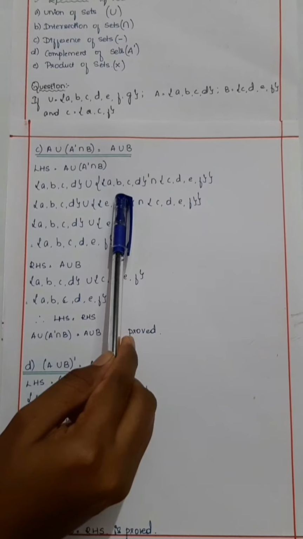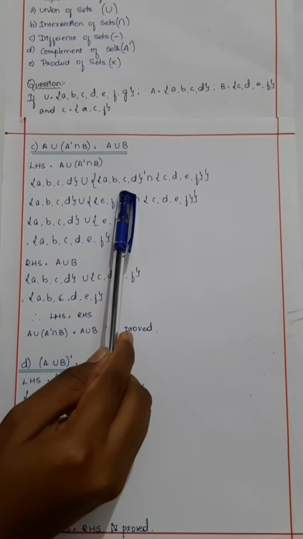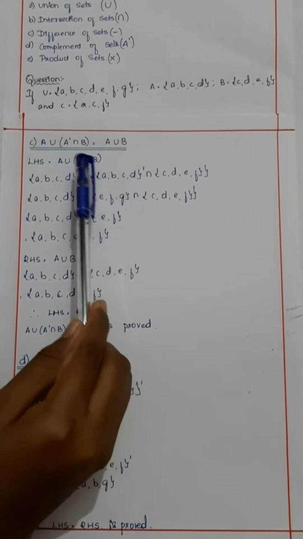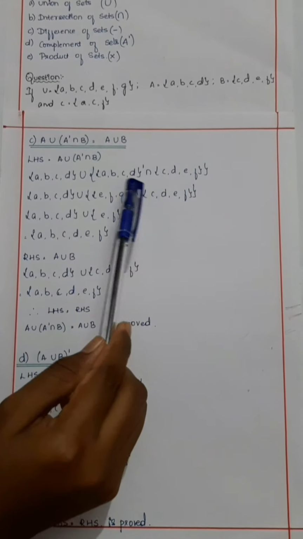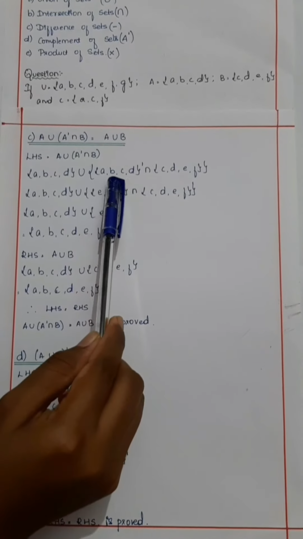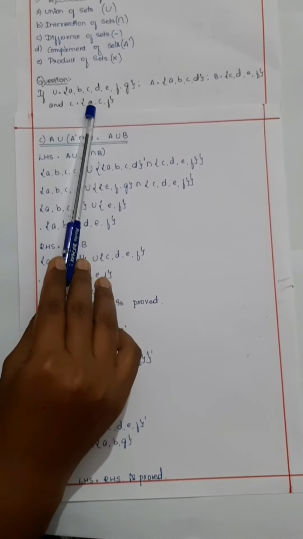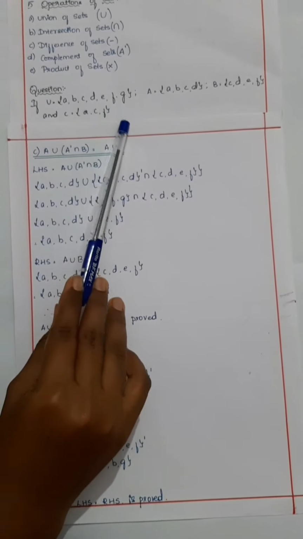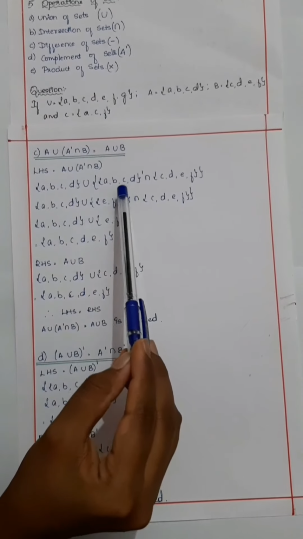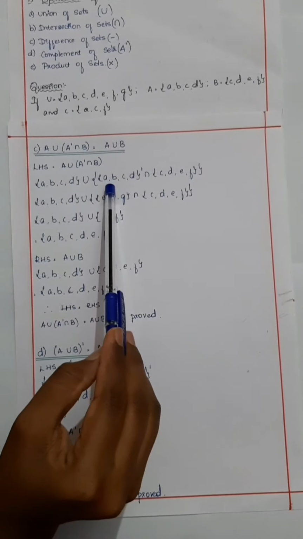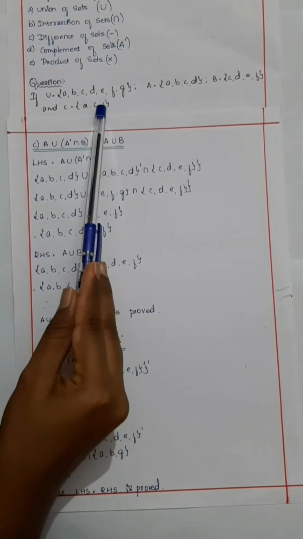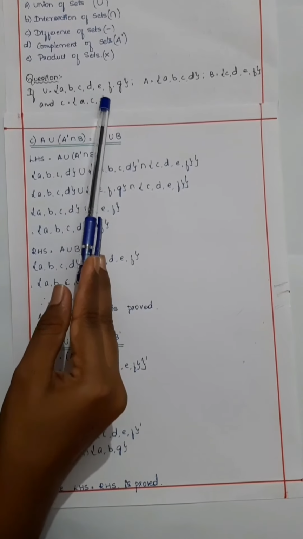The common elements from both the sets should be eliminated and the remaining elements in universal set is called complement. In set A, B, C, D is the element and universal set contains A, B, C, D, E, F, G. So A, B, C, D is common in both the sets, eliminate the common elements and write the remaining elements which is E, F, G.